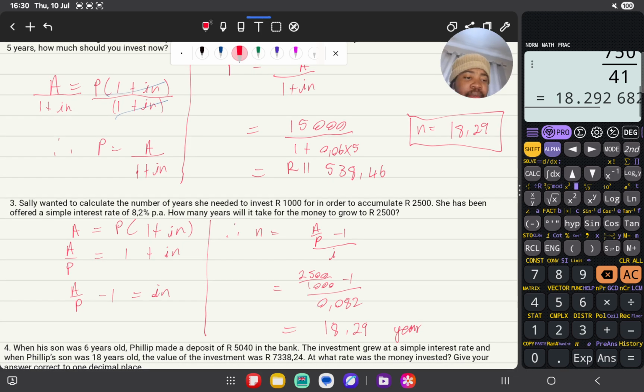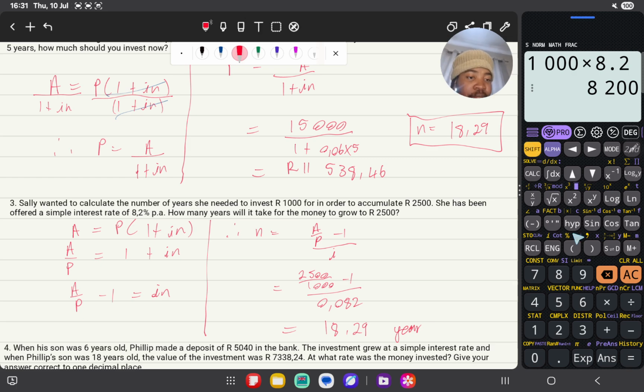Let me do this now. Let me take 1,000 rand and multiply by 0.082. Each and every year you get 82 rand. So now I'll say 82 multiplied by 10. I just can't believe this 18 years.